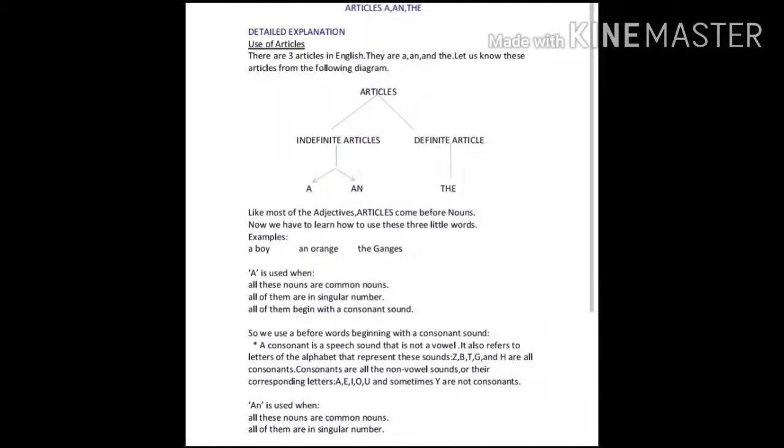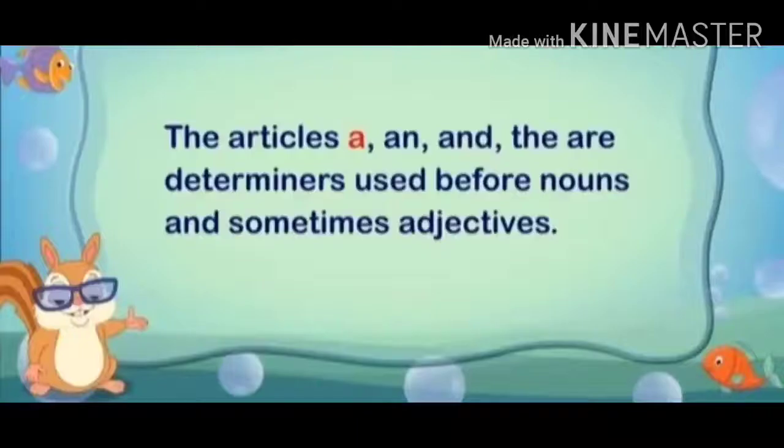Like most of the adjectives, articles come before nouns. Now, we have to learn how to use these 3 little words. Example, a boy, an orange, the Ganges. The articles a, an, and the are determiners, used before nouns and sometimes adjectives.